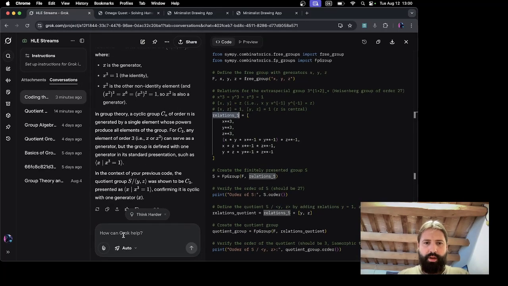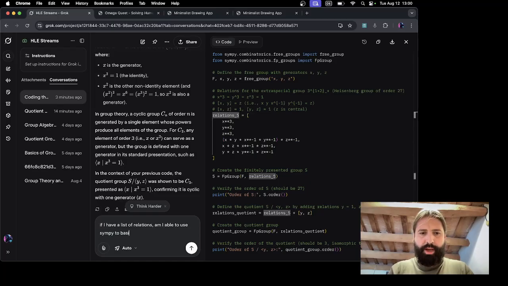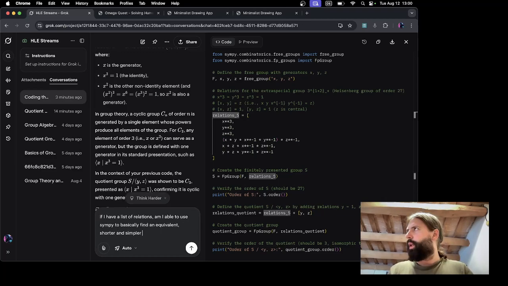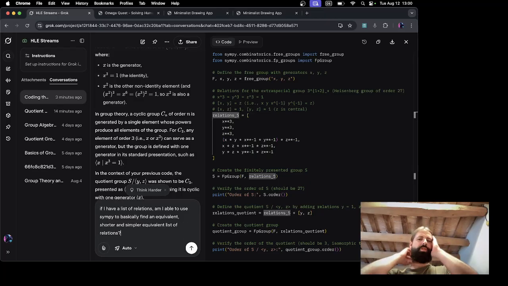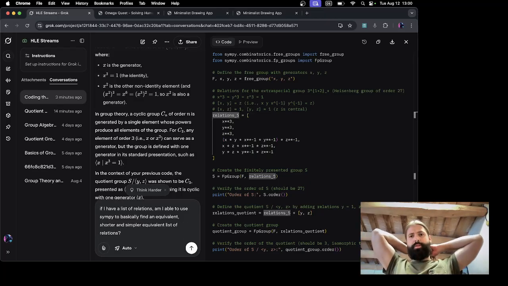If I have a list of relations, am I able to use SymPy to basically find an equivalent, shorter and simpler, like a minimal list of equivalent relations, because that's what should define the order, right?